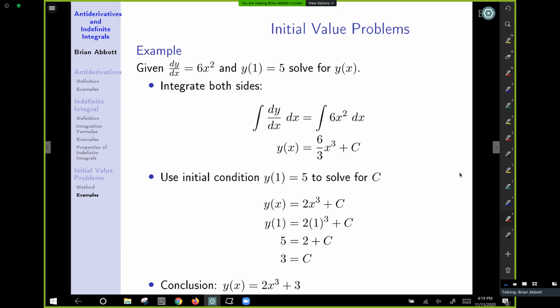So the integral of dy dx with respect to x is equal to the integral of 6x squared with respect to x. So the right-hand side we know how to do with a power rule. Add 1 to the exponent, drop down and divide by that exponent, and then tack on your c.